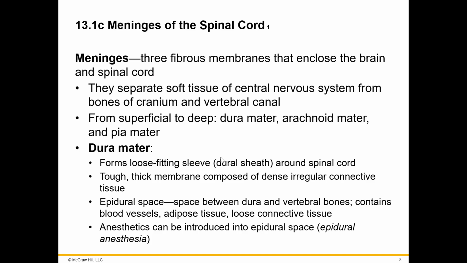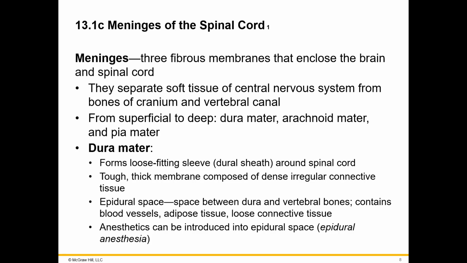The dura mater is the strongest. That's why they call it the tough mother. It's periosteal tissue, very strong. That's the thickest, strongest layer, your dura mater.